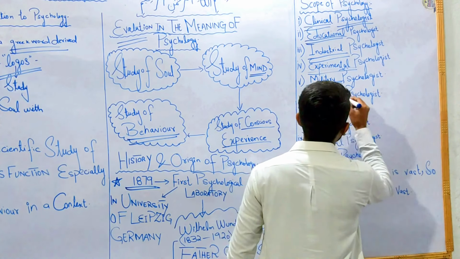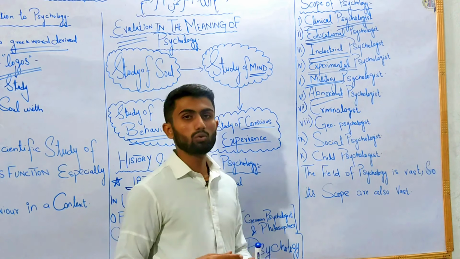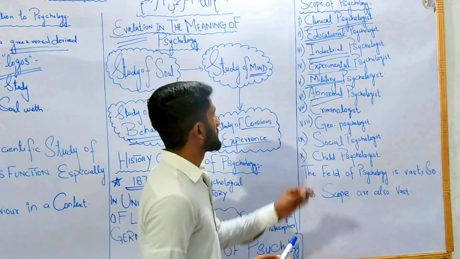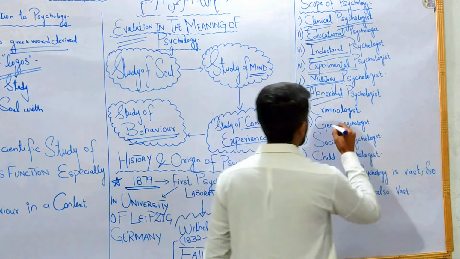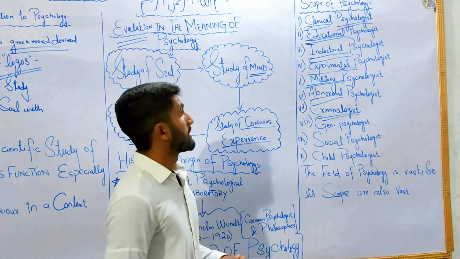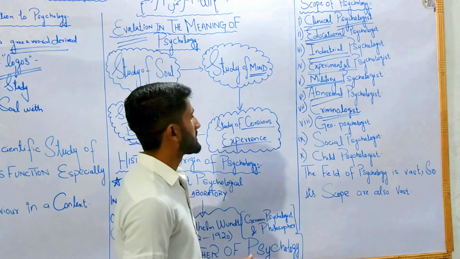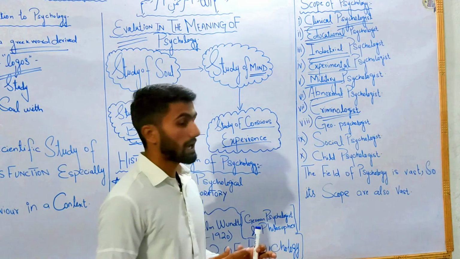Abnormal psychologist basically deals with people whose mental state is not like a normal person. Criminologist is a new emerging field of psychology which relates to the behavior and the study of crimes.